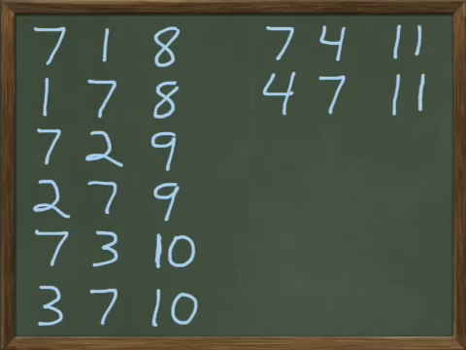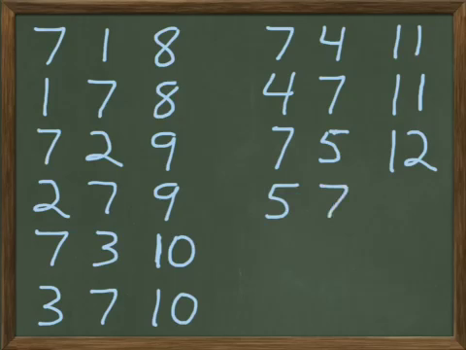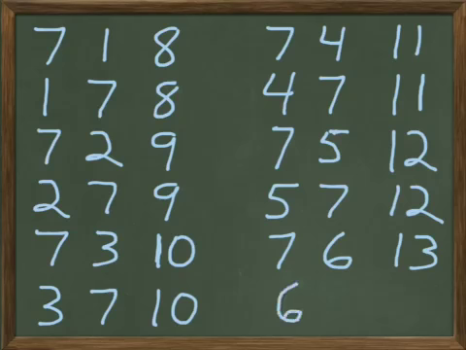Now let's do 7 and 5. 7 and 5 are how many? 7 and 5 are 12. Let's reverse those. 5 and 7 are 12 as well. Okay, 7 and 6 are 13. And 6 and 7 are also 13.